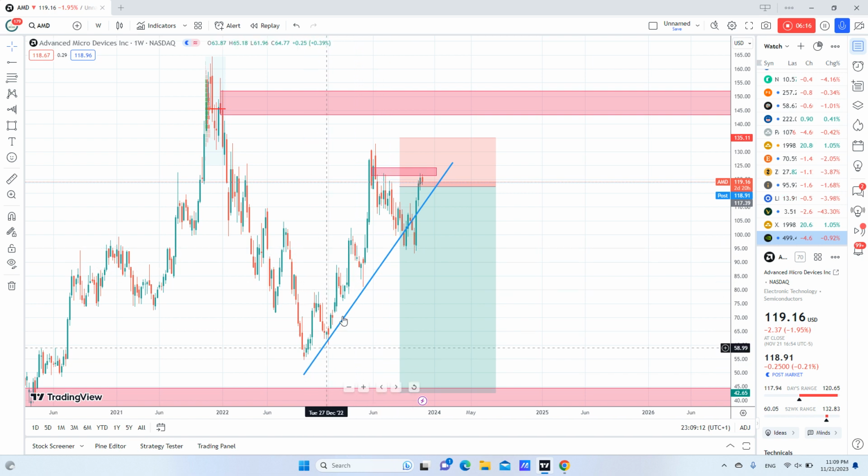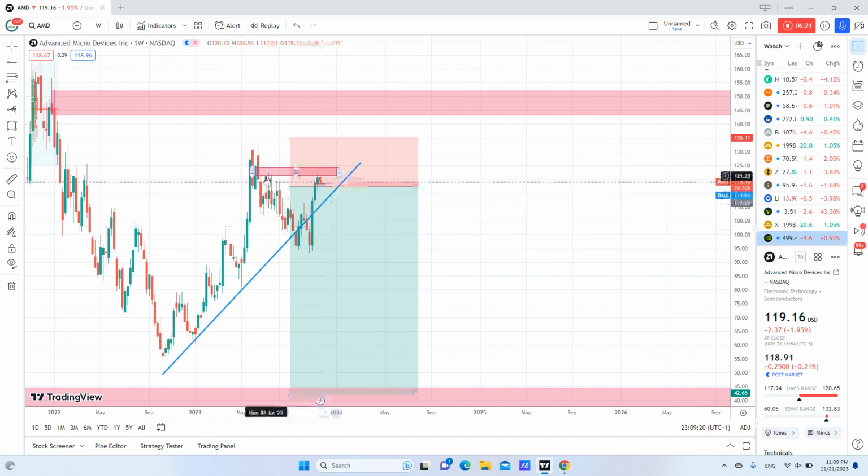And because I see this trend line here, to be honest, I had drawn this before because I wanted to enter this sell here, but I didn't because I was hesitating. I was afraid to sell AMD, to be honest.